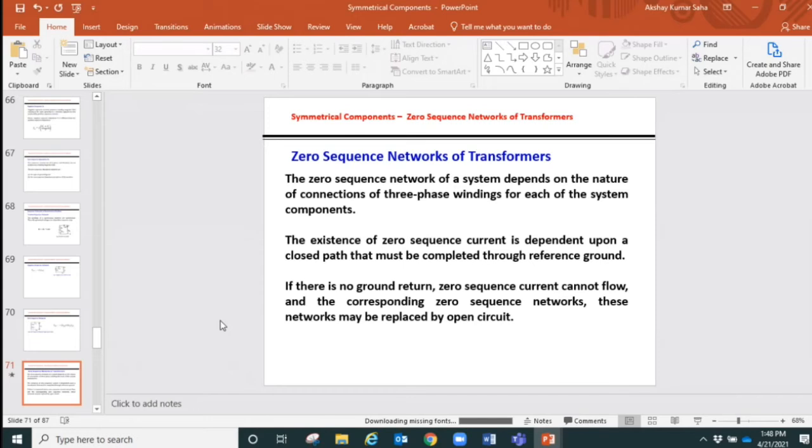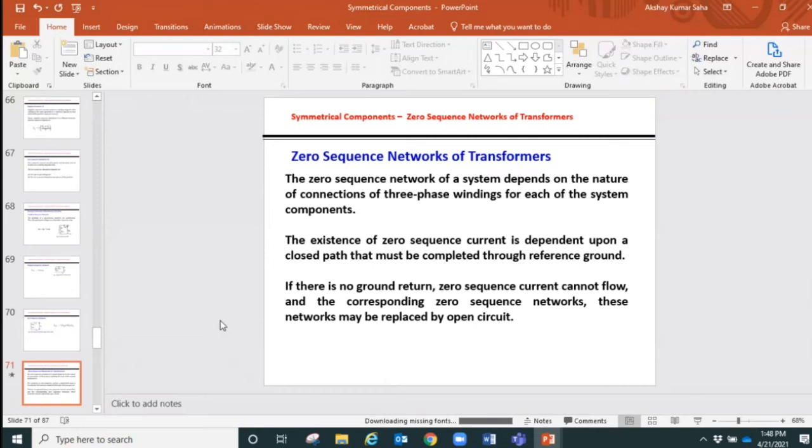So we will get no load current if the secondary winding is left open. If we leave the secondary winding of the transformer open, then we will get a current in the primary side of the transformer, which we call the no load current. We show it as I0.